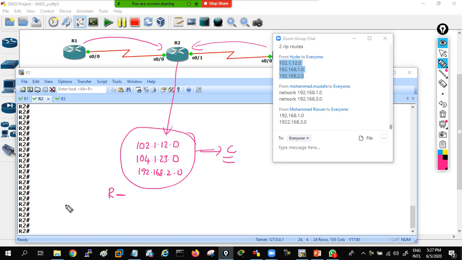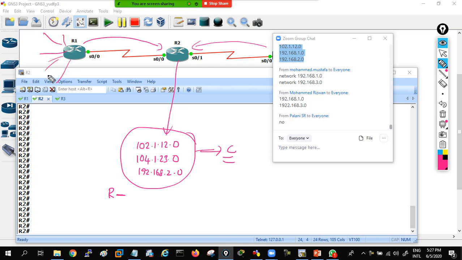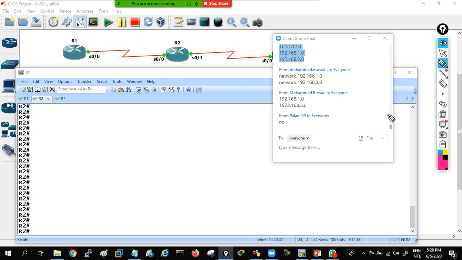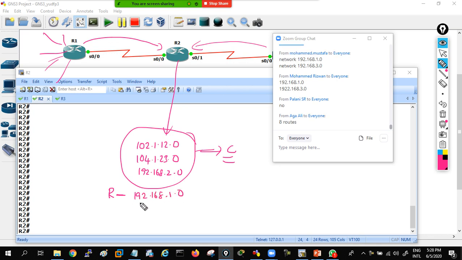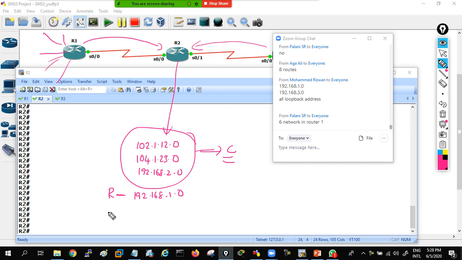Only 2? What about here? Lot of networks you advertise, man. Guys, don't get confused. In router 1, we advertise a lot of networks, right? 192.168.1 is there from router 1 as a RIP route. Wake up, guys, wake up.